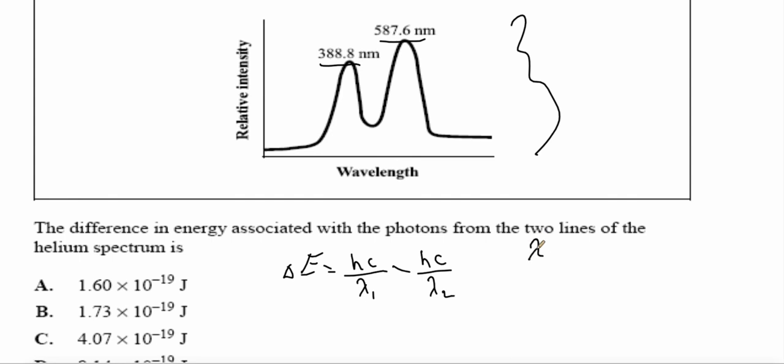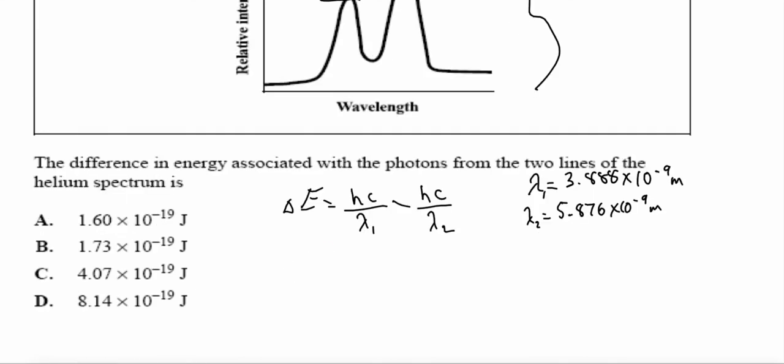For 1, we're going to end up getting 3.888 times 10 to the negative 9 meters. For 2, we are with 5.876 times 10 to the negative 9 meters. Now we must plug in what we know.